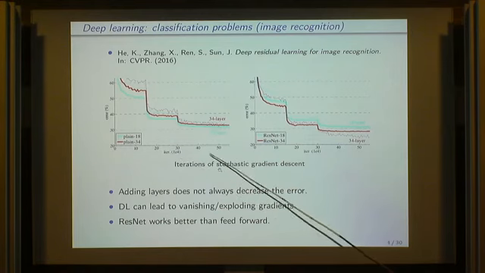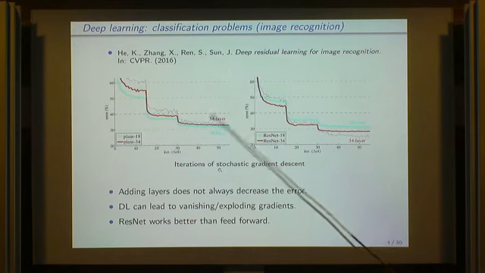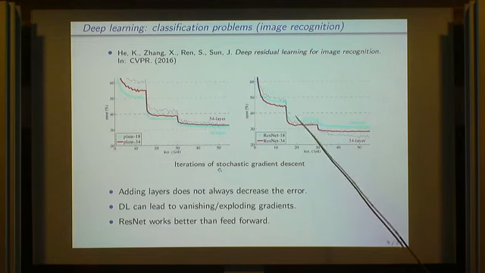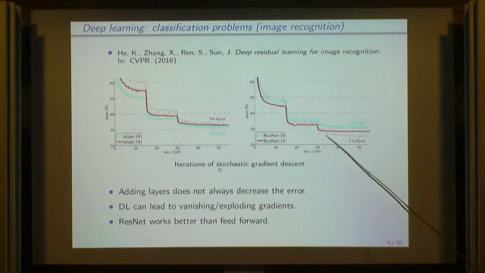On the other hand, if you use the right architecture, so not a simple neural network but a special one, which is called ResNet, then you are able to improve your error in the gradient descent by augmenting the number of layers.